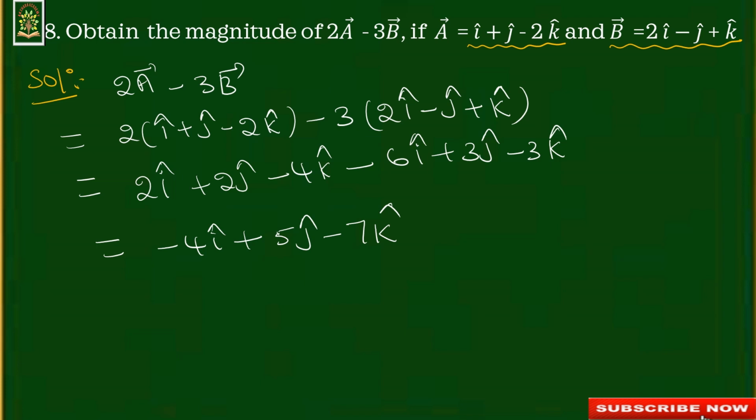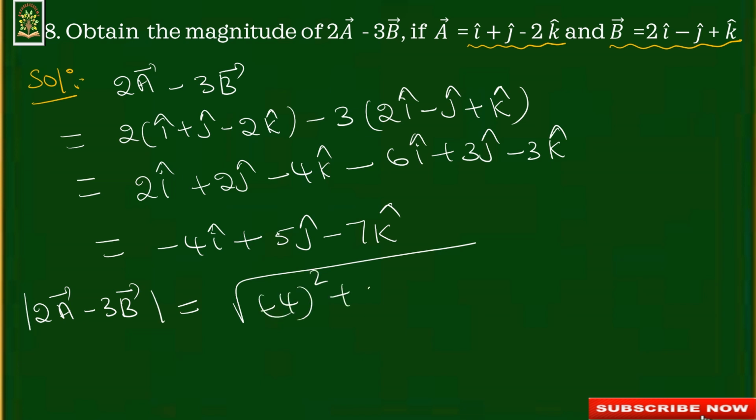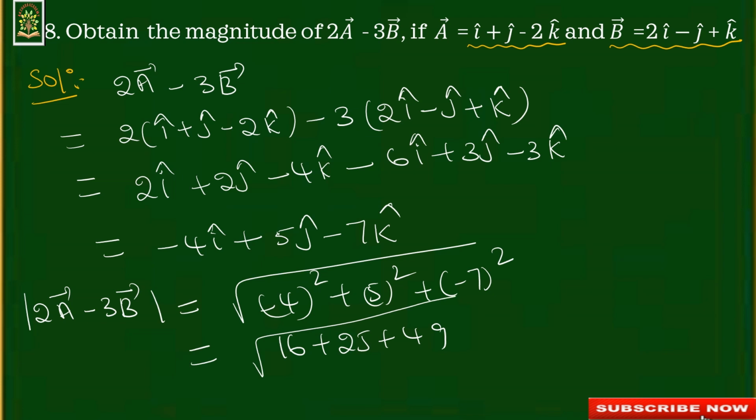So the modulus of 2a bar minus 3b bar is equal to the square root of minus 4 whole square plus 5 square plus minus 7 whole square, that is equal to 4 square, nothing but 16, plus 25, plus 49, 7 whole square 49.